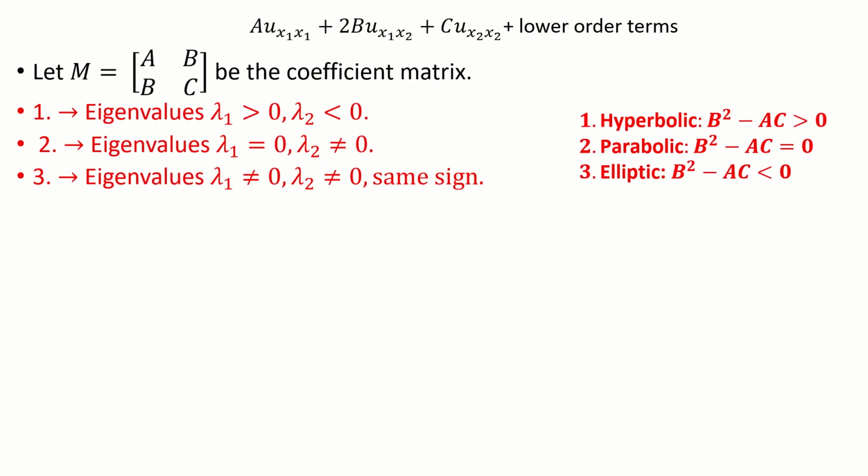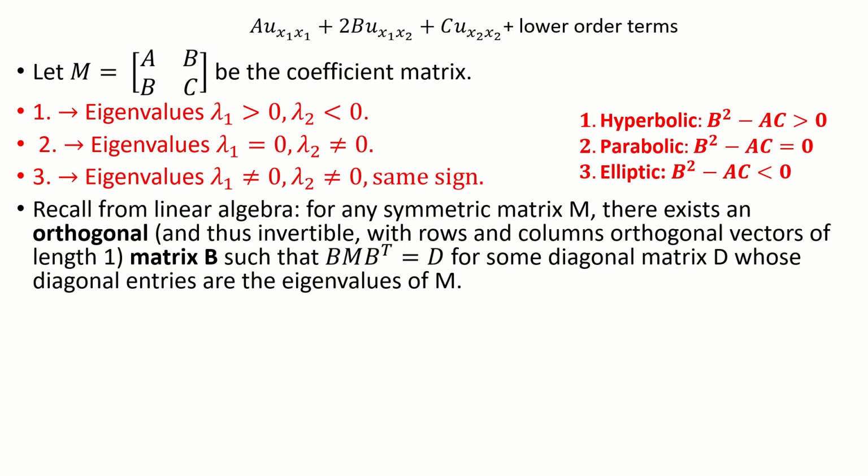Now here's why the eigenvalues, combined with what we already know about variable transformations, are useful. From linear algebra, we have that for any symmetric matrix M, there exists an orthogonal matrix B such that B M B transpose equals D, where D is a diagonal matrix whose diagonal entries are the eigenvalues of M. We know something about the eigenvalues of hyperbolic, parabolic, and elliptic PDEs' coefficient matrices, and with our fact from linear algebra, we can say that if a PDE is hyperbolic, then there's a matrix B such that B M B transpose is the following diagonal matrix.